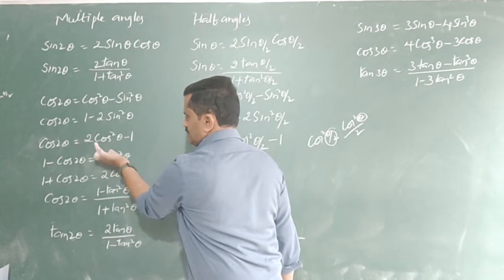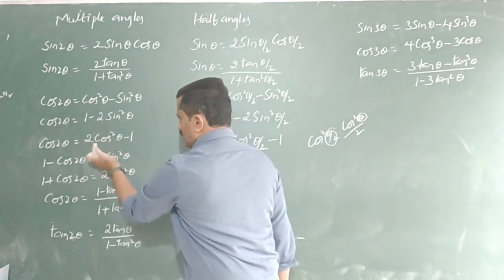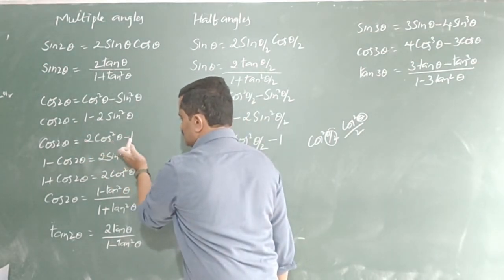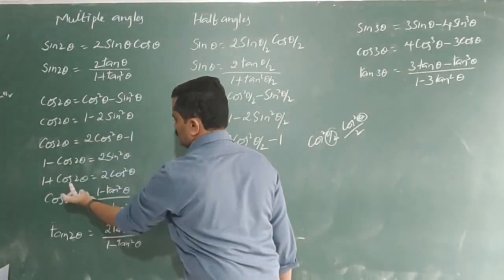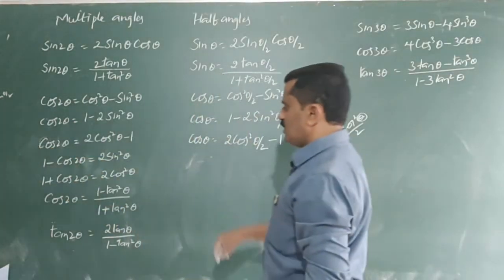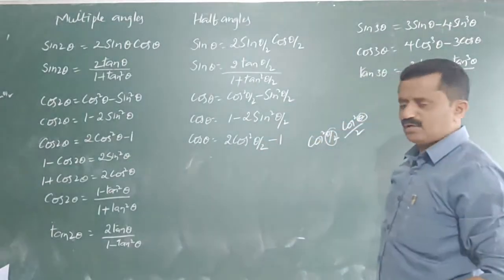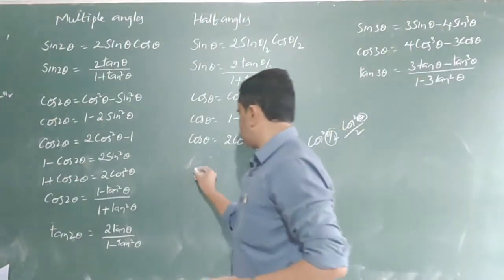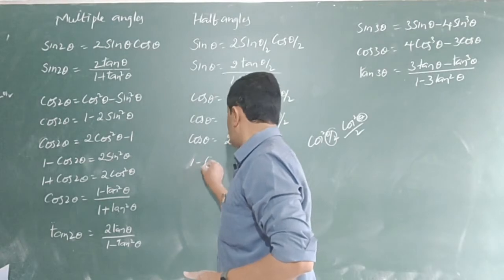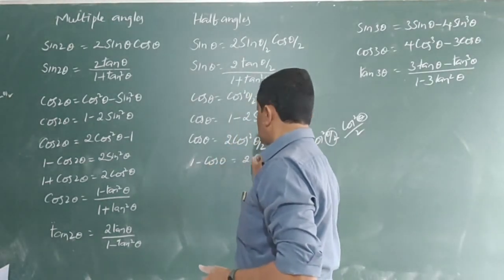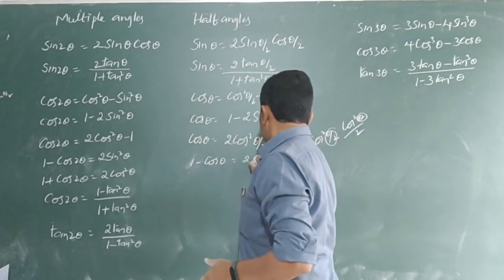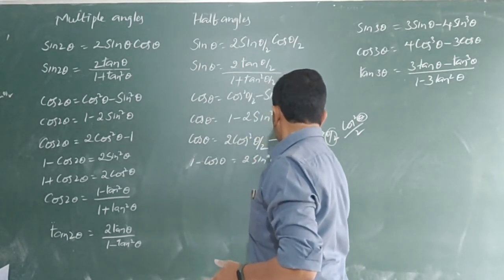What about cos square theta? Bring this term to the LHS. Therefore 1 plus cos 2 theta is equal to 2 cos square theta, or you can express it in terms of half angles. That is 1 minus cos theta is equal to 2 sin square theta by 2.